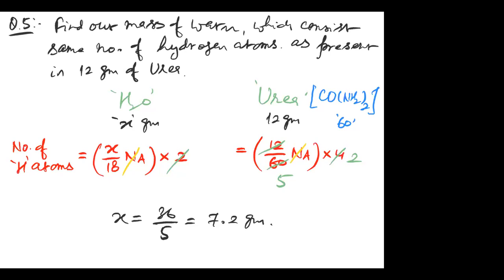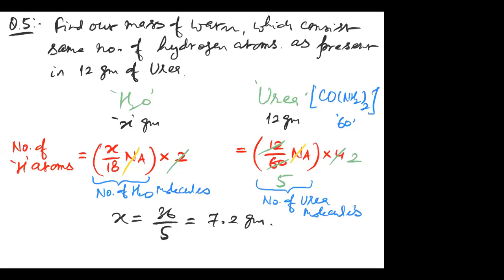So first we find the number of water molecules, which is this bracket, and the number of urea molecules, which is the other bracket.